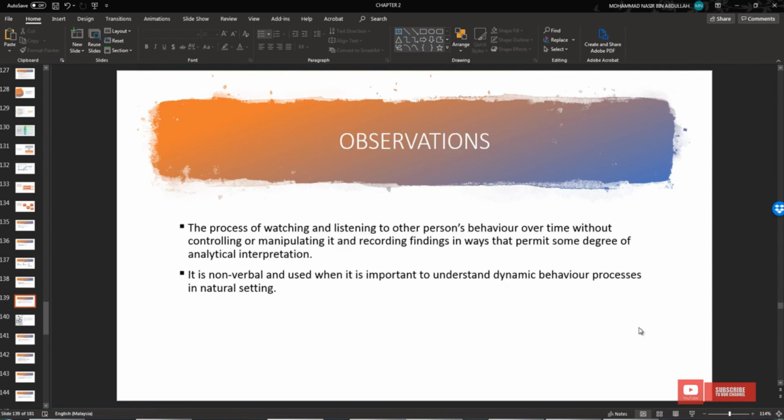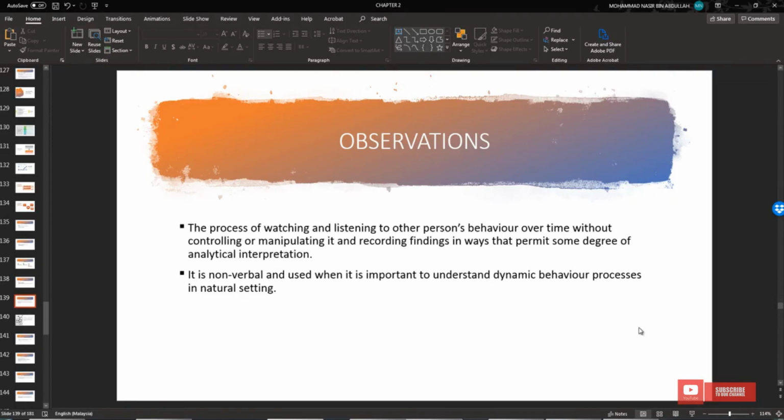Right, now let's look at observation. Observation is the process of watching and listening to other people's behavior over time without controlling or manipulating it, and we record the findings in ways that permit some degree of analytical interpretation. It is non-verbal and used when it is important to understand the dynamic behavior process in a natural setting.